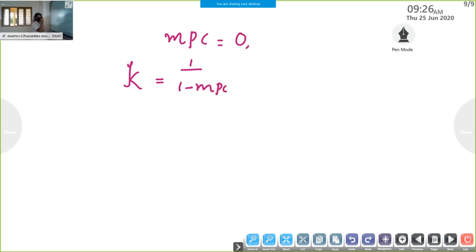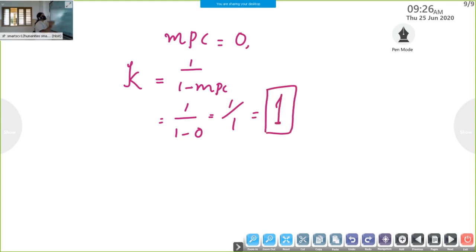So k is equal to 1 by 1 minus 0, which is 1 by 1. So the value of k is 1. They are directly related, so we can say the minimum value of the investment multiplier is 1.